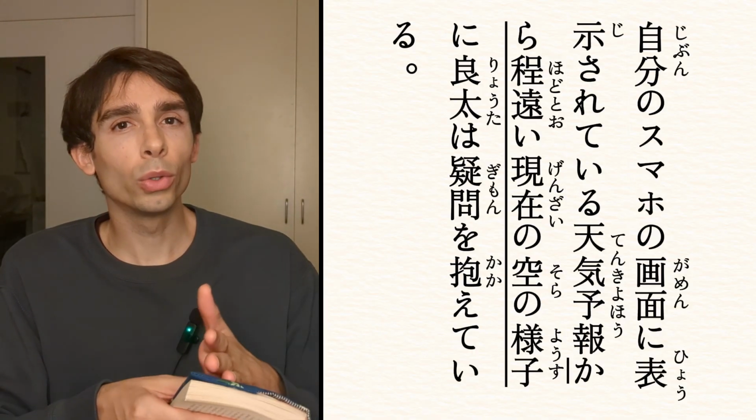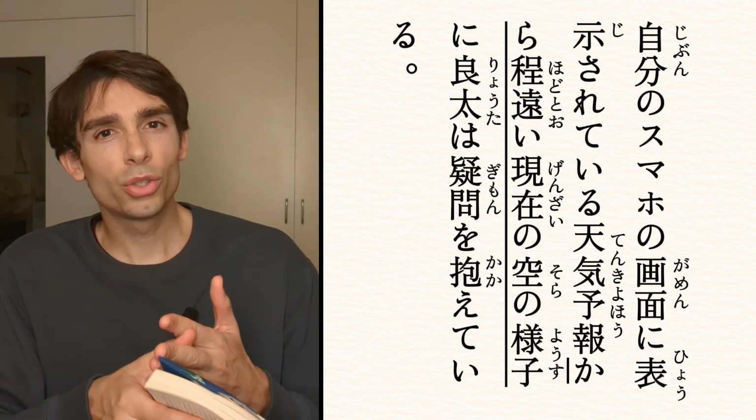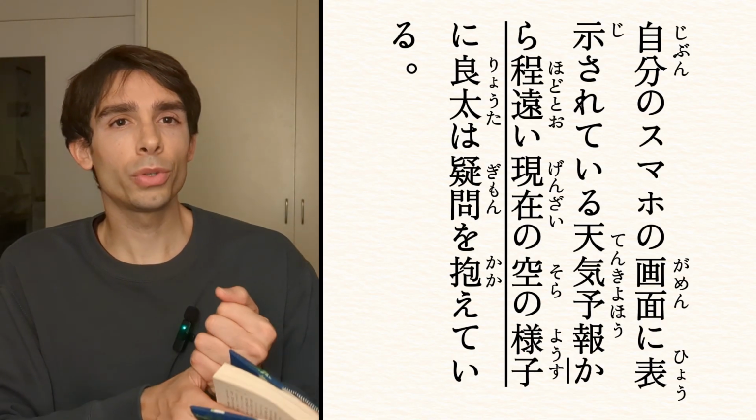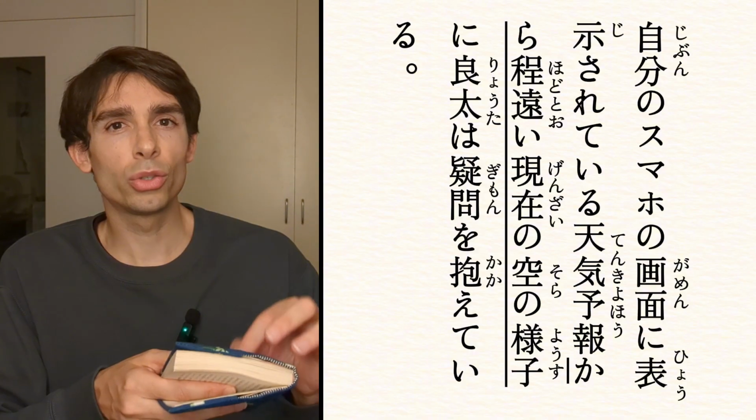天気予報から程遠い。If 程遠い is too hard of a word for you at this stage, you can just change it to 遠い.